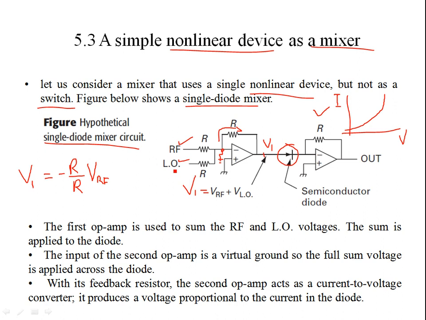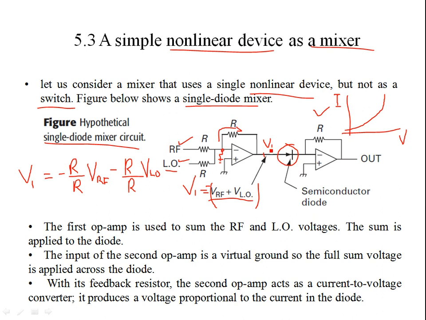Then the other signal from the local oscillator is again with the ratio of minus R over R, VLO. So you can see that the output is minus of VRF plus VLO.